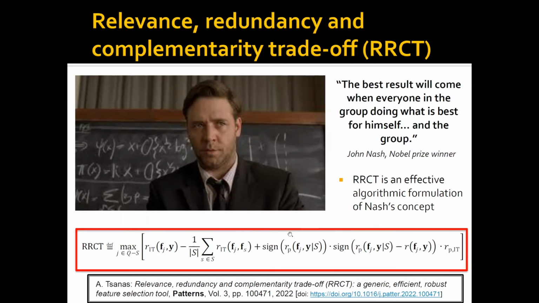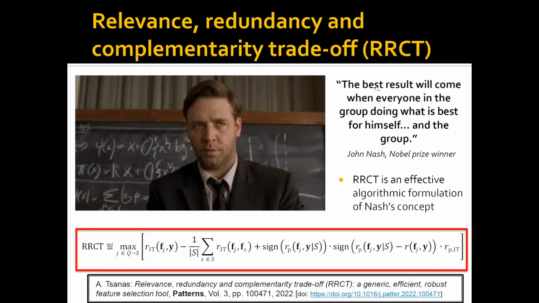Essentially, the concept is that the best result for identifying the features is really not only finding what is best for a single feature and minimizing redundancy, but actually considering what is happening in terms of the group. I put this picture here because I got this inspiration while watching the movie A Beautiful Mind, where John Nash said this concept.